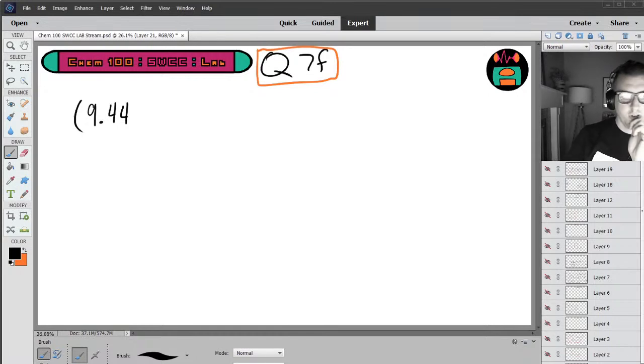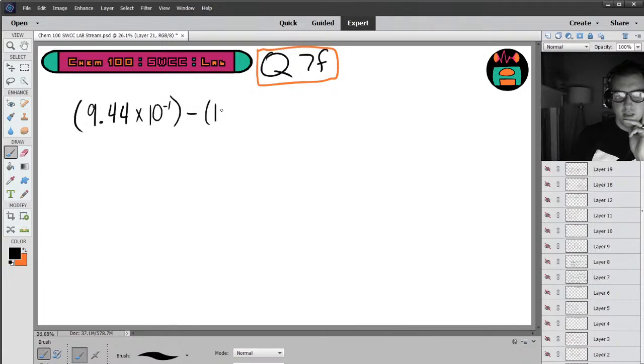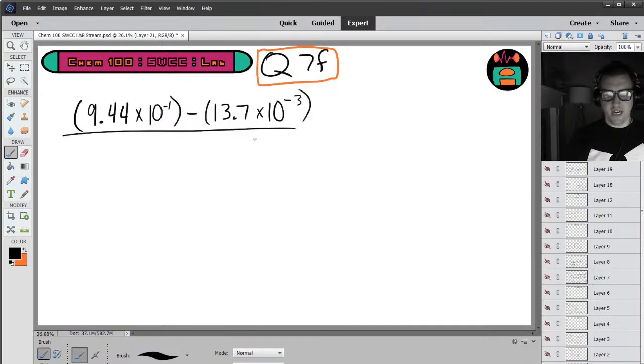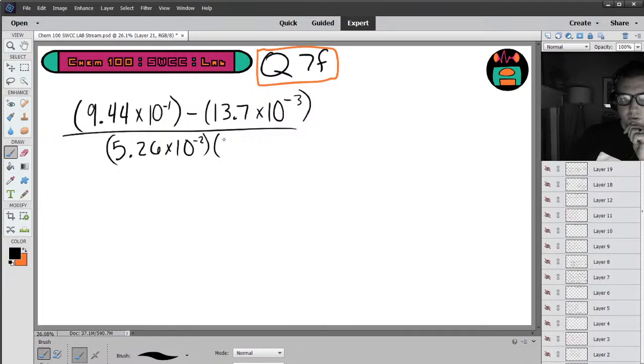Let's go: 9.44 times 10 to the negative 1 minus 13.7 times 10 to the negative 3, divided by 5.26 times 10 to the negative 2 times 4.3 times 10 to the negative 1.